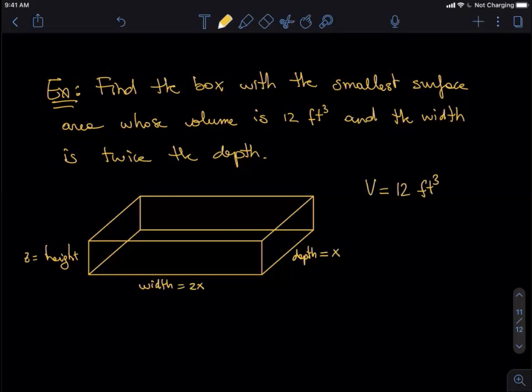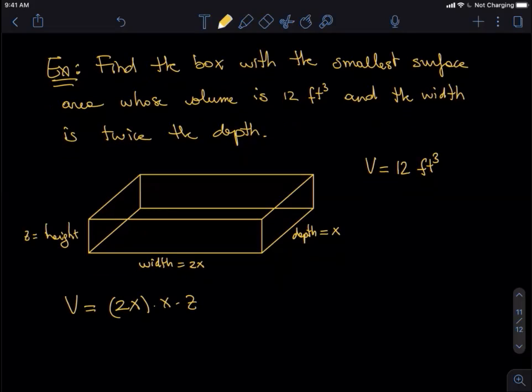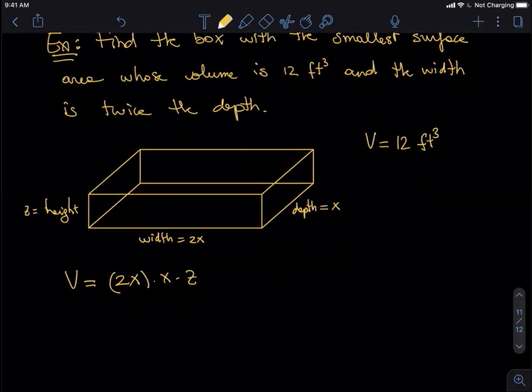The formula for the volume is the width times the depth times the height. Here we can put together the two pieces of information. This equals 12. So that means that z is going to be 12 divided by 2x squared, which means 6 divided by x squared.